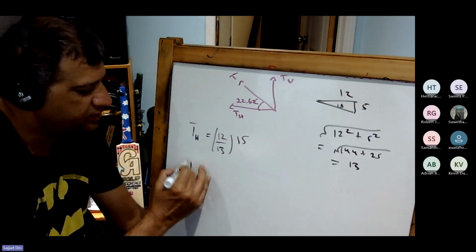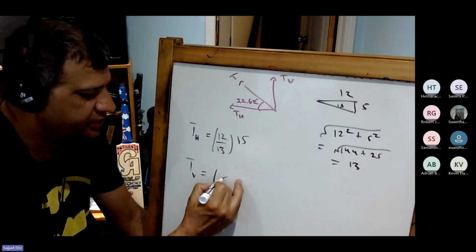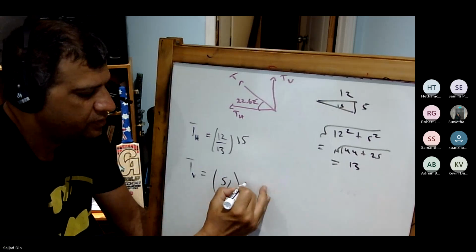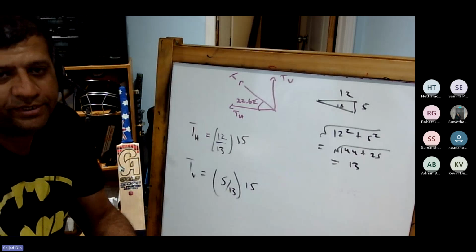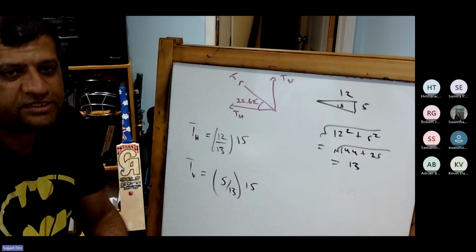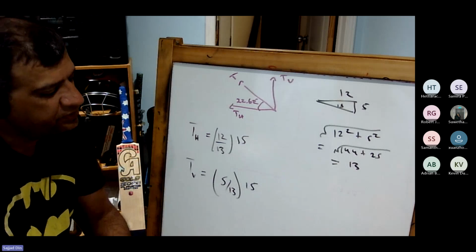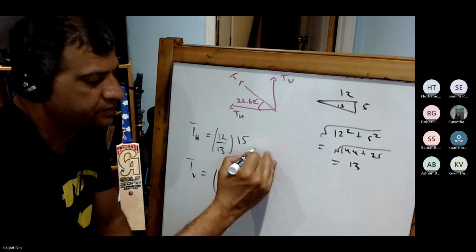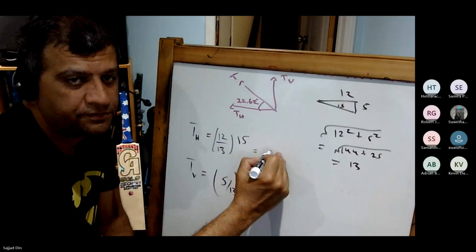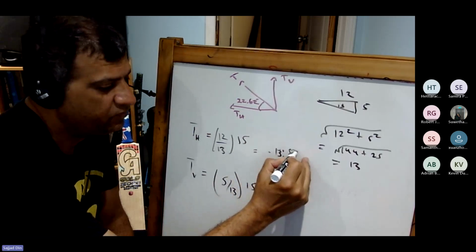And TV is going to be equal to 5 by 13 multiplied by 15. So that's how I would determine this using the ratios. So what does this become? Equal to minus 13.846.